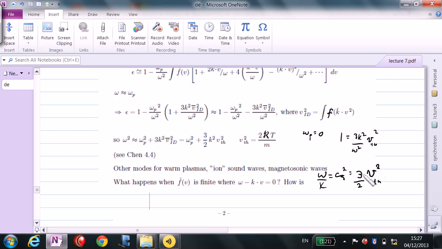Anyway, it's just a sound wave. The sound velocity is the square root of 3 or something times the thermal velocity of the electrons. So you can think of it as being a collisionless sound wave, I guess.